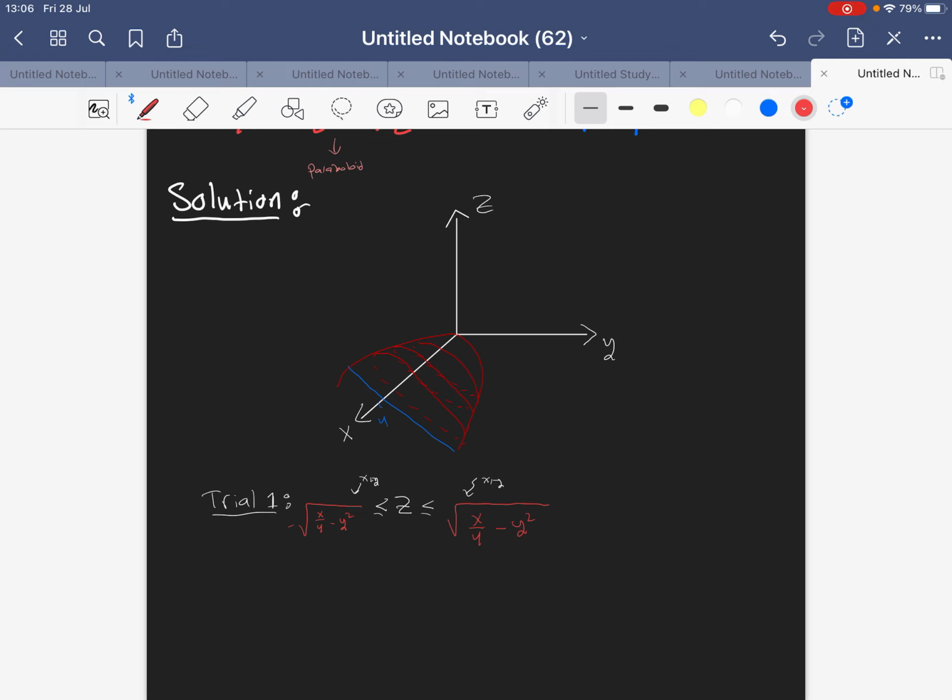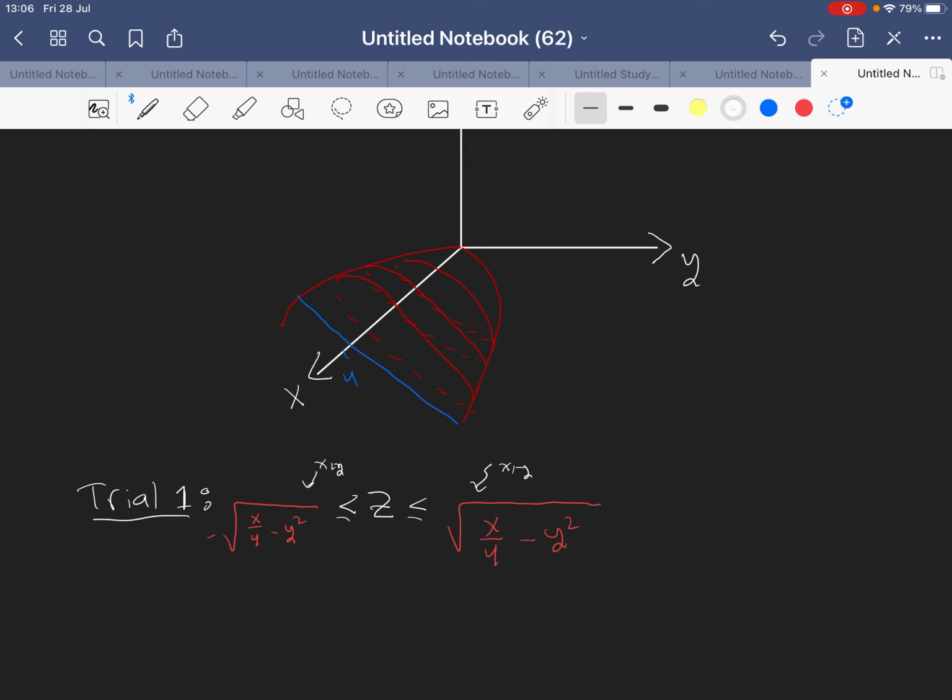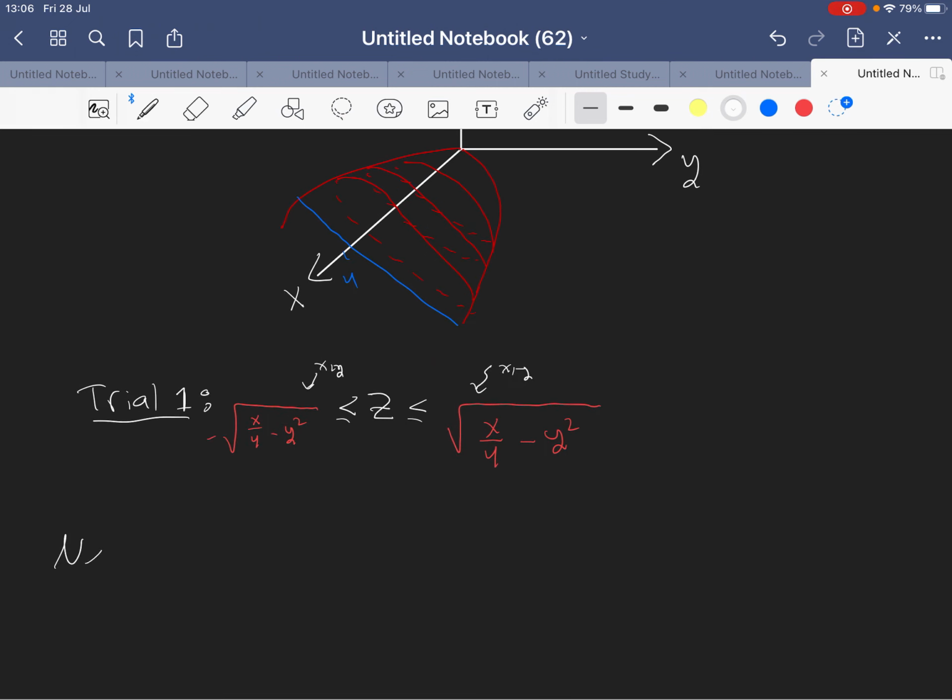Now, what we need is to do something for x or y. The best way to do this next is to consider a two-dimensional picture between x and y.